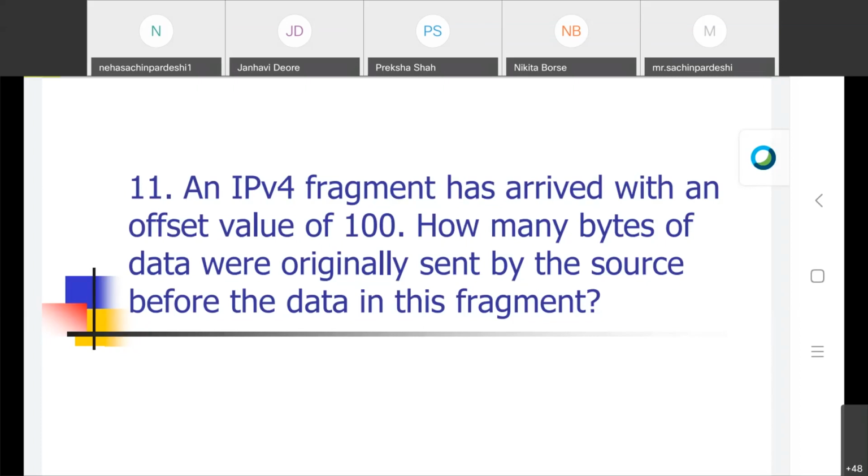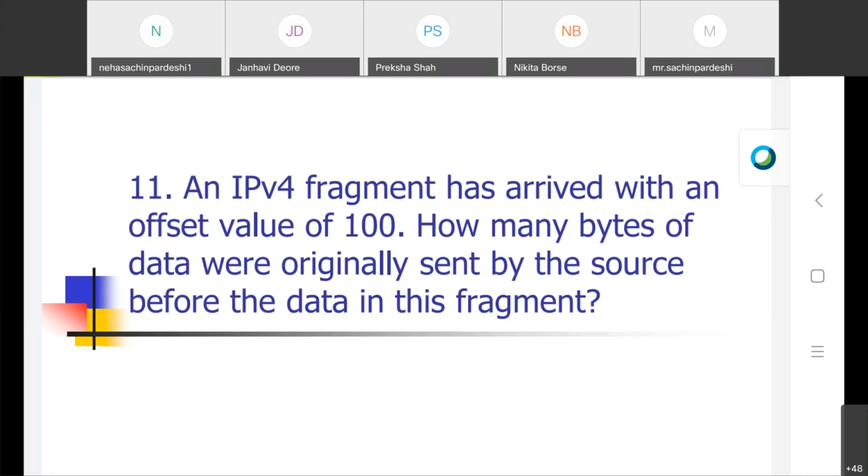We multiply the fragmentation offset value by 8 to get the first byte value. 100 into 8, that is 800.